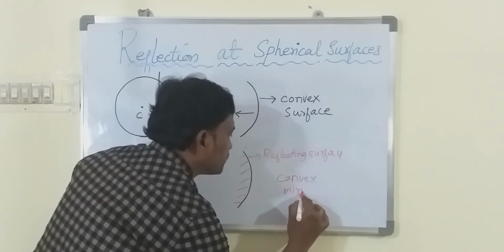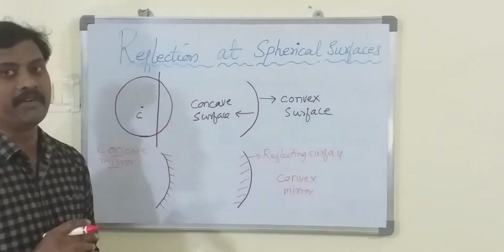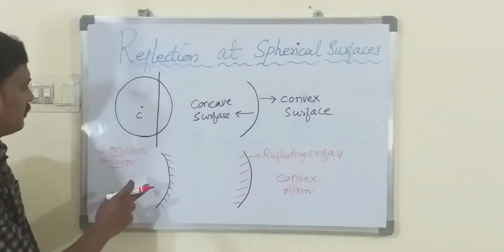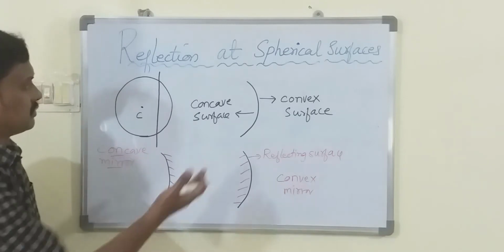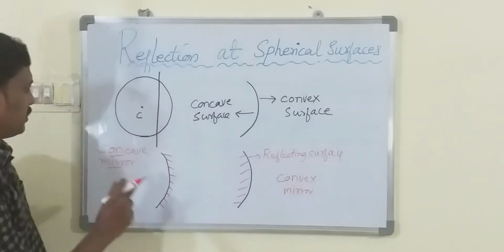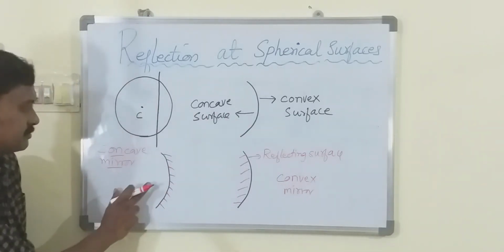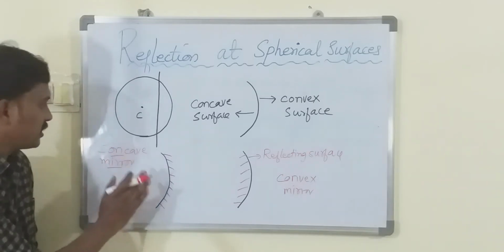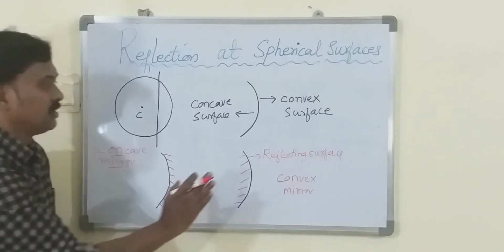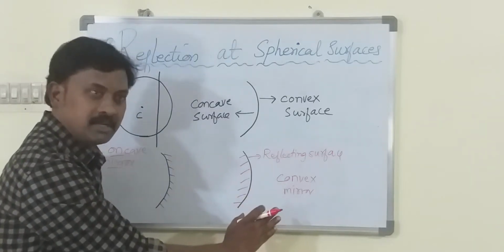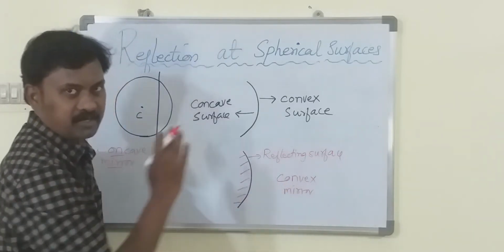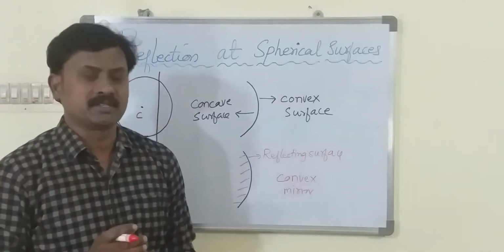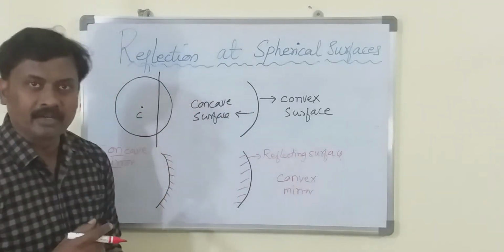So most of the students get confused with the convex mirror and the concave mirror. There is no need of any confusion. When you look at this curved surface, if the concave surface acts like a mirror, it is called as concave mirror. If the convex surface acts like a mirror, it is called as a convex mirror. Now let us try to learn some of the important points related to concave mirror and convex mirror.